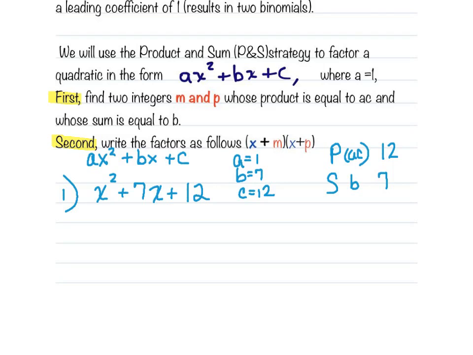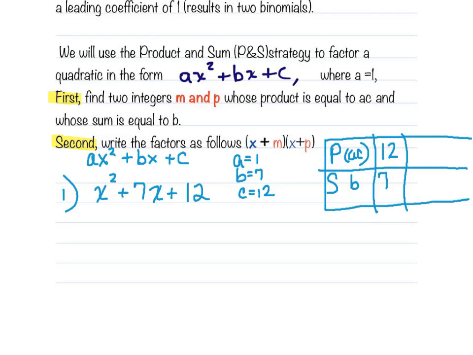Okay, so we will try to find two numbers whose product is 12 and whose sum is 7. The first thing I note is that both of these, product and sum, are positive. Therefore, I know that both my integers must be positive.